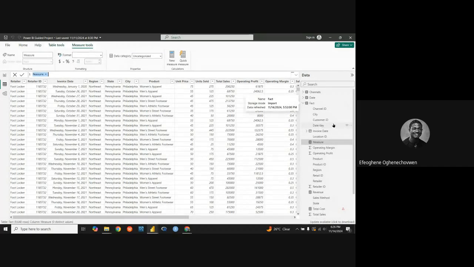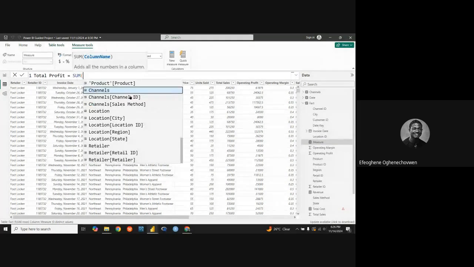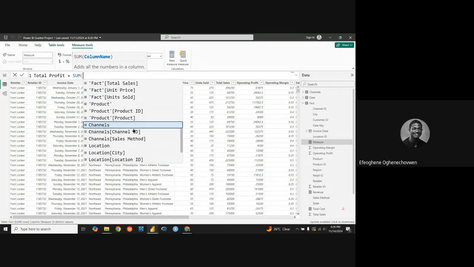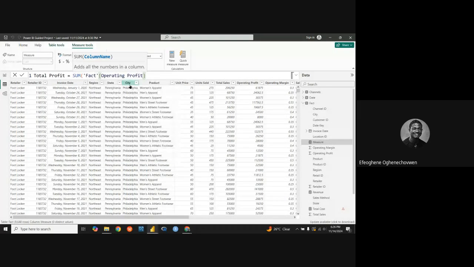So I'm going to create a new measure which will hold the total profit. Let me increase this, Control plus Shift. Total profit, which is going to be sum of all my operating profits from the fact table.